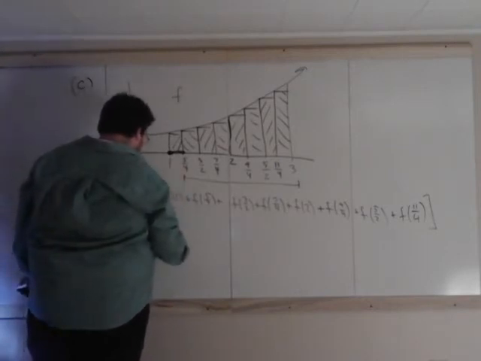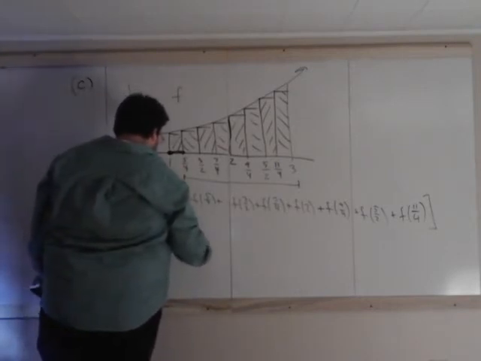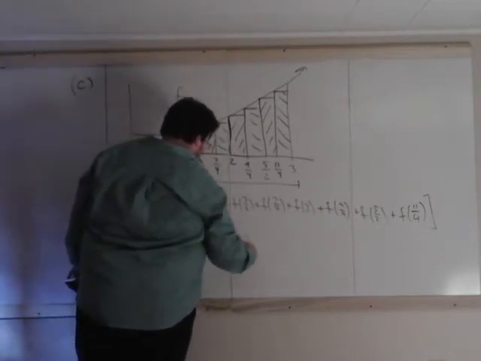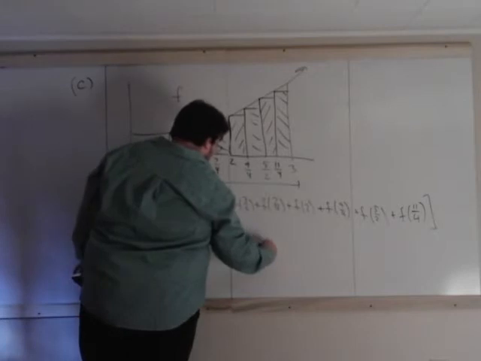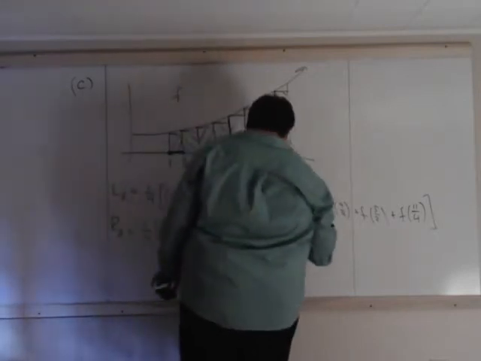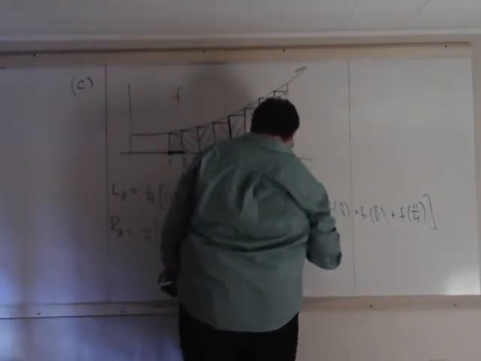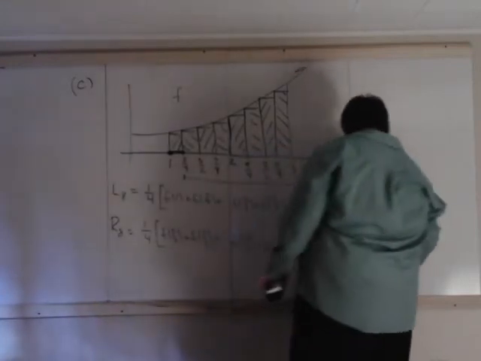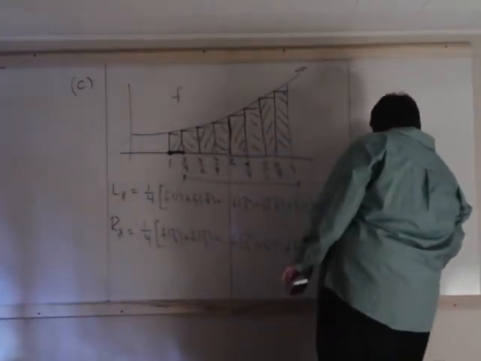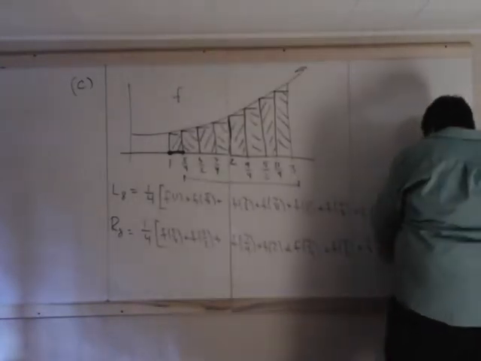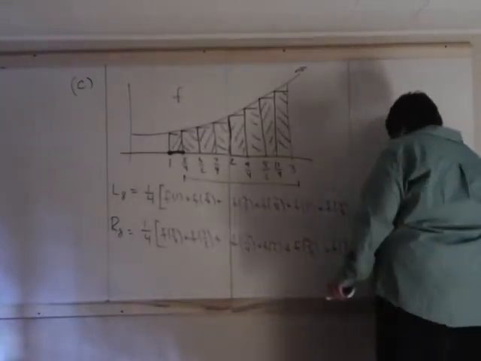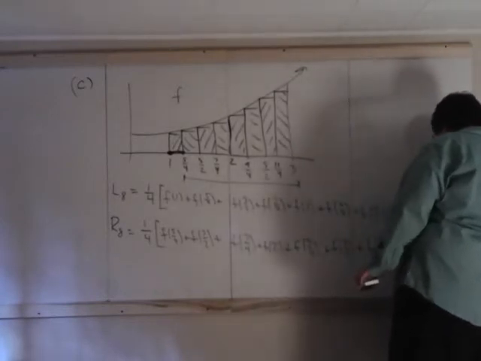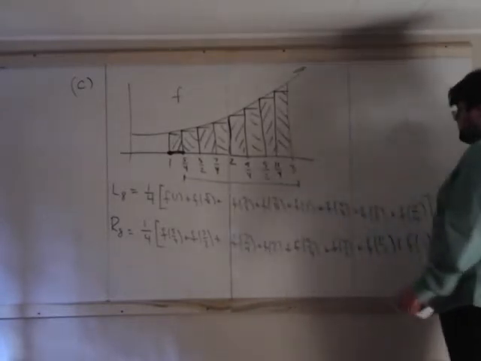So f of 5 quarters plus f of 6 quarters plus f of 7 quarters plus f of 8 quarters, 9 quarters, 10 quarters, 11 quarters, not 11 halves, 11 quarters. And then f of 12 quarters, which is 3.